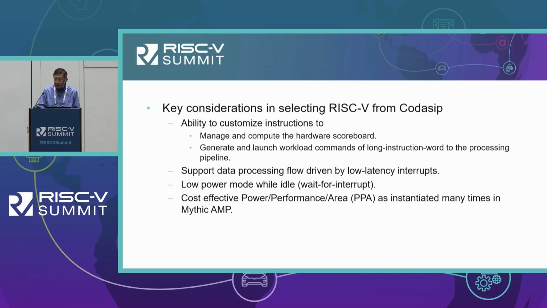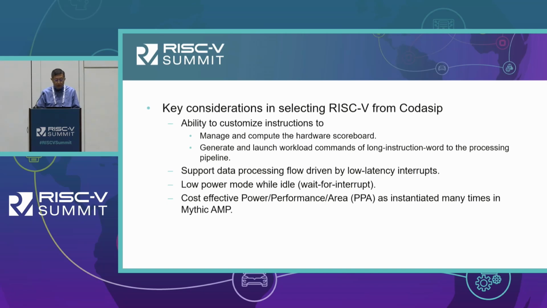One is flexibility. Because we have a dedicated data engine to calculate the information, our embedded processor really runs an application-specific control loop to manage the hardware dependencies, called the scoreboard, and also formats the command and launches the instruction for the workload command. So we would like to have the flexibility to add customized instructions so that we can reduce the memory footprint as well as improve performance.